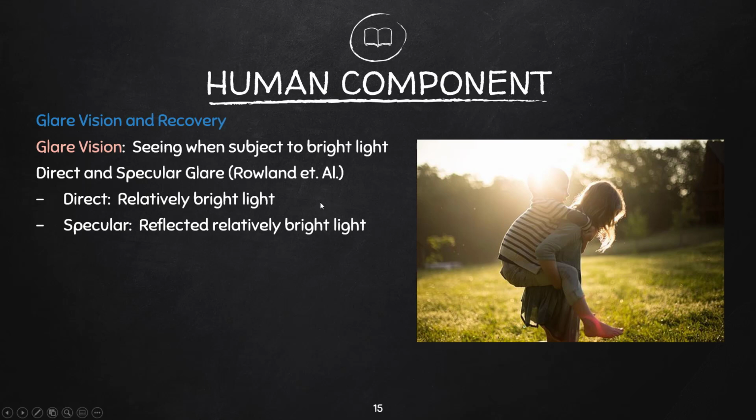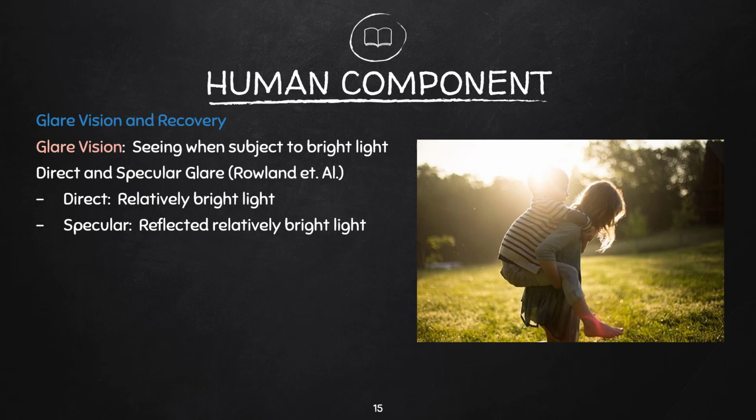So direct would be caused by the sun during the day, and specular is caused by some reflections. For example, if there is a signage that is being flashed by a source of light, there is a possibility that a glare will be produced by that reflective object.